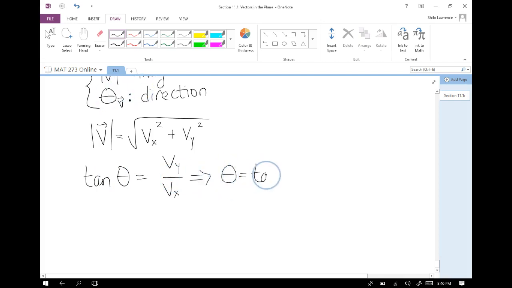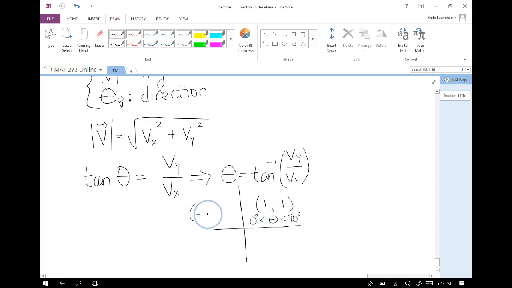When you do that, though, especially on your calculator, you need to be very careful because your calculator does not always put this answer into the correct quadrant. So you need to make sure that you're looking at the sign on your v sub x and v sub y and making sure that you're using the correct quadrant. Just as a quick review, if both of your components are positive, your direction angle should be in quadrant 1, somewhere between 0 and 90.